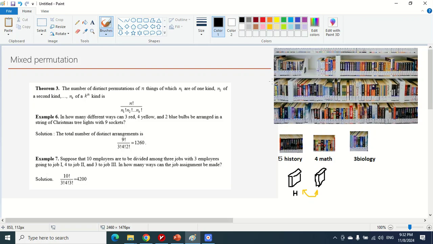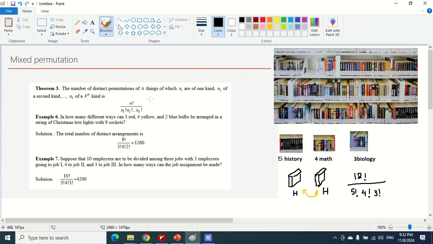It means that nothing changes when the places of the history books are interchanged. So because of that, we said this is 12 factorial of the cases, I mean all permutations for these 12 books, and we divide by the similarity over there. We have 5 factorial for the similarity of history books, 4 factorial for the math books, and 3 factorial for the biological books. And this is the meaning of the mixed permutation.